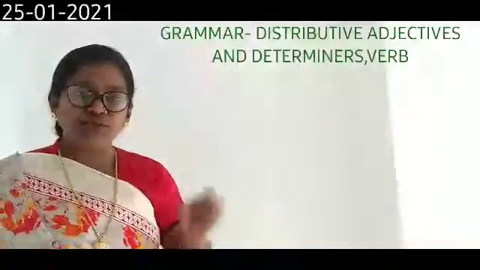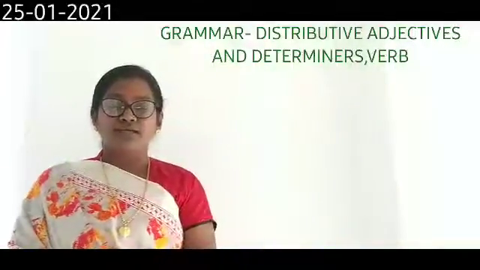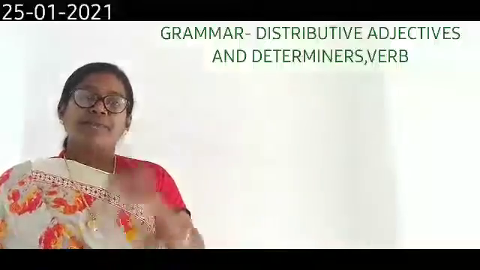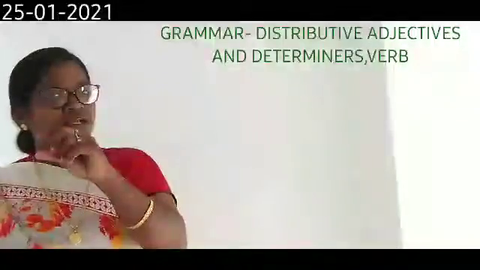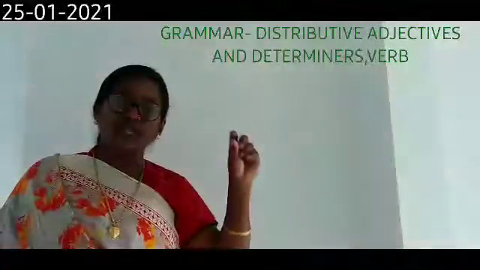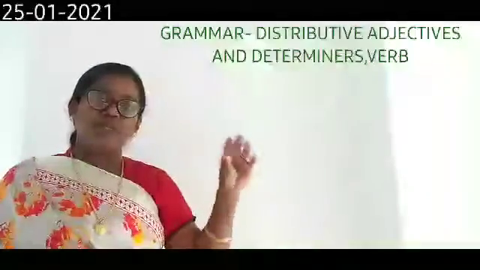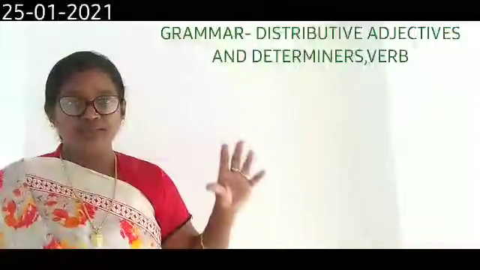And when it comes to main verbs, try to understand what main verbs are. Some of them are transitive verbs and some of them are intransitive verbs. Main verbs always perform some action.